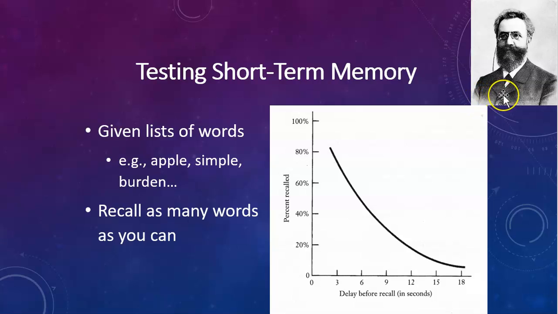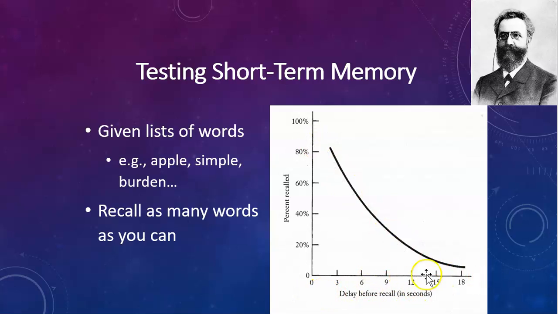What he would do was give people a very long list of words, and then ask them to recall as many of those words as they can. And so you can see here how you kind of forget things.